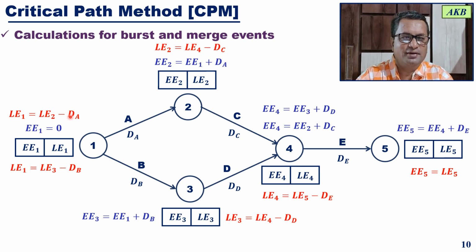I'm going to end this video at this point, where I have discussed how to do forward pass and backward pass calculations, and the terms in those calculations, like earliest event time, latest event time, earliest start time and earliest end time of an activity, latest start time and latest end time of an activity, and how to calculate all of these.